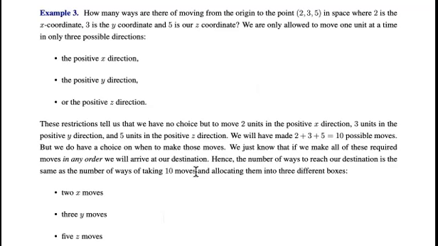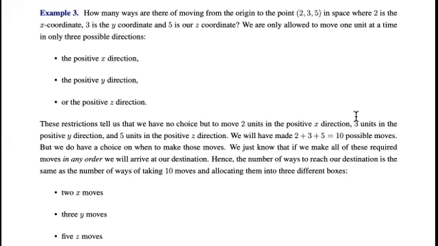All right, so let's think about what's going on. These restrictions tell us we have no choice but to move 2 units in the positive x direction. Aha, so we have to have 2 moves that go that way, right? We have to have 3 moves that move in the positive y direction. We have to have 5 moves that move in the positive z direction.